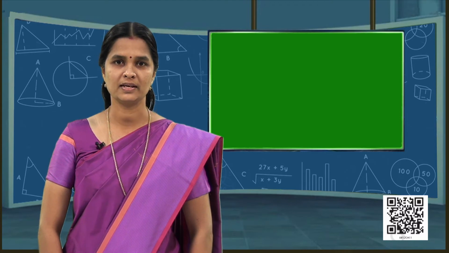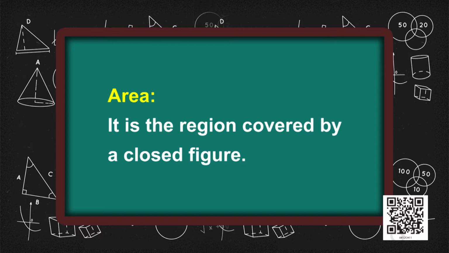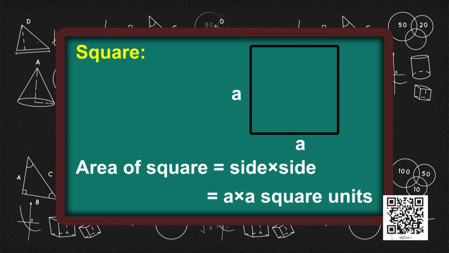Now, let us see what area is. Area is the region covered by a closed figure. Area of a square of side A units is equal to side into side, which is equal to A into A, A square units.